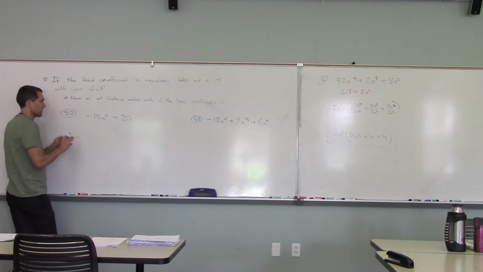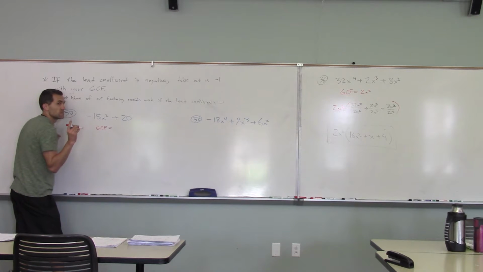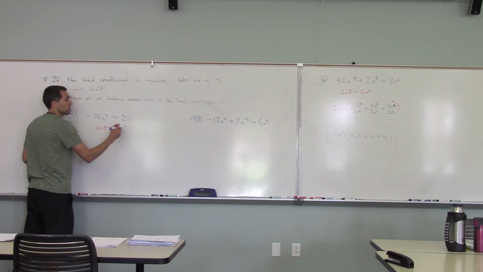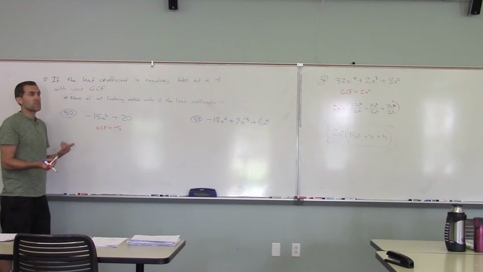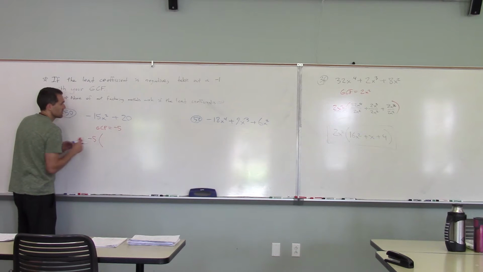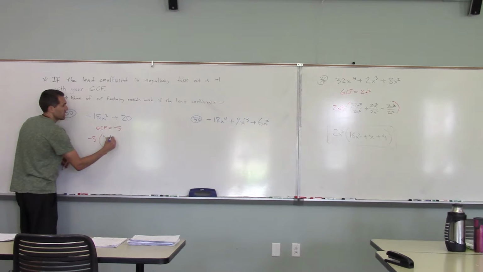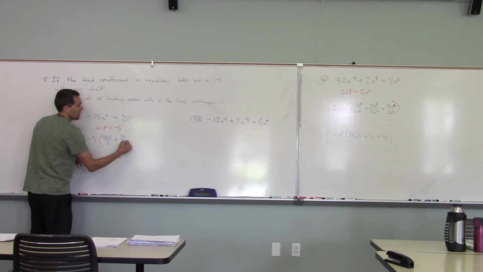Okay, so what's our GCF on the first one? Negative 5. So the GCF is really 5, but we're going to take out a negative with it so that the first term is negative. So we have -5 times negative 15x squared over -5 plus 20 over -5.